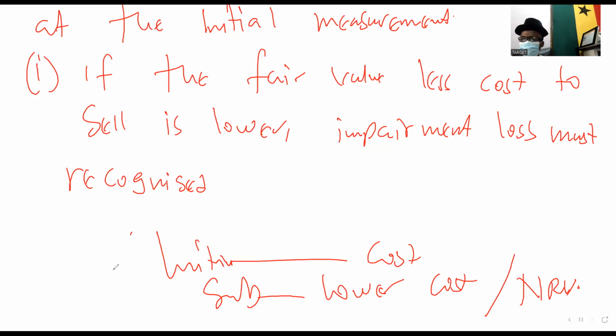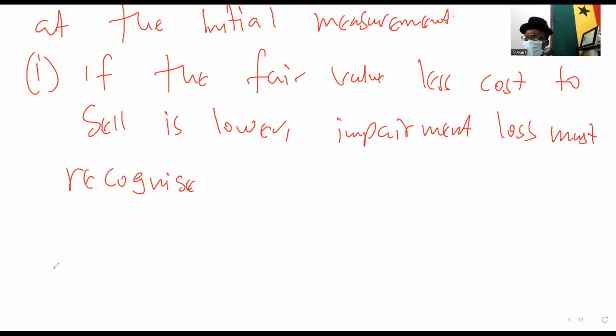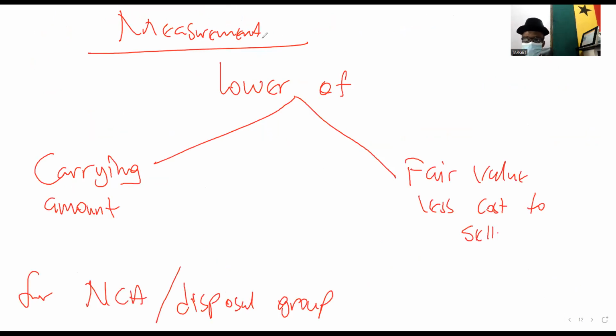But with non-current asset held for sale, at every point in time, it must be measured at the lower of carrying amount and fair value less cost to sell. So I never gave initial measurement and subsequent measurement. I gave a rule for all non-current assets and disposal groups. So take notice of that.